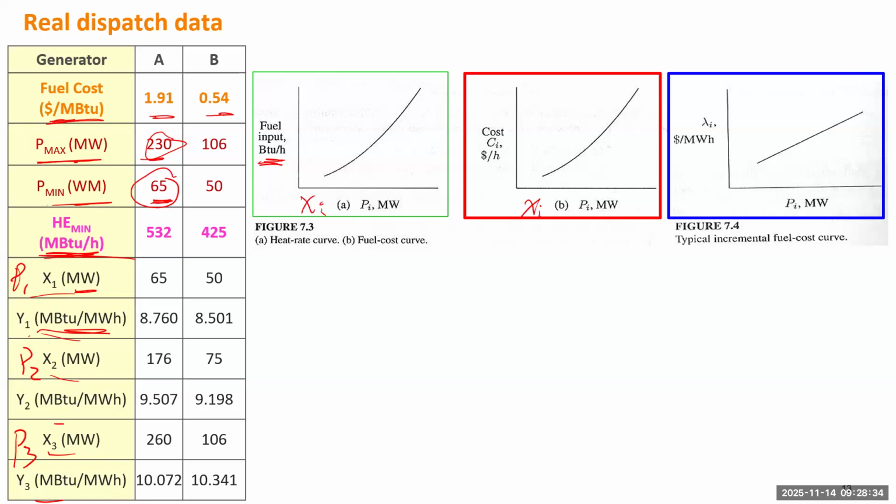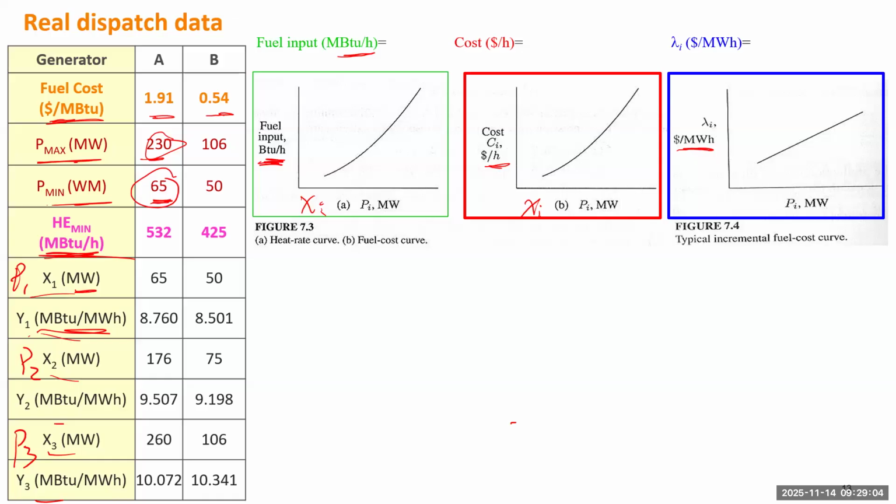The next one, we also need to find the incremental cost. So we need to figure out the Y value for each curve. So based on the unit, the first curve has BTU per hour. The mean is fuel input. So how do we generate the points on this curve in order to find this curve?